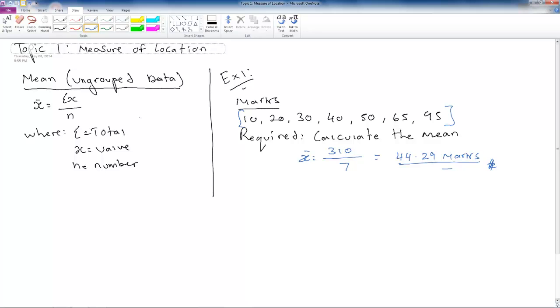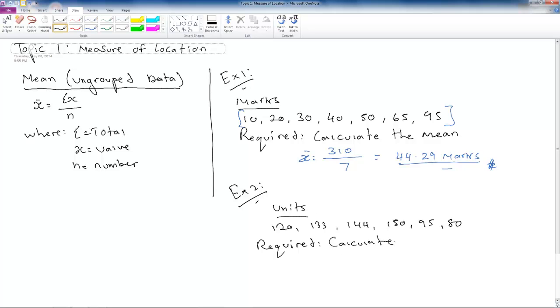Okay, let's move on to the next example. Example 2. Let us calculate for the units now: 120, 133, 144, 150, 95, 80. The required is still the same: calculate the mean. So same thing, you're going to plus all the values.